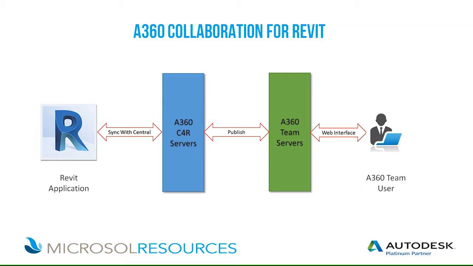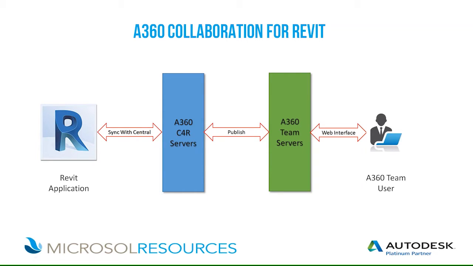So again, this is all pretty much invisible to the users, but if you've done things like use the publish function, you may notice that you can publish models and do things on the team site that don't wind up affecting the Revit users. And in turn, you can be working in Revit and doing certain functions that don't directly or immediately show up on the team site.